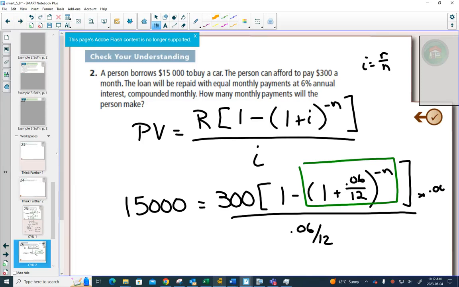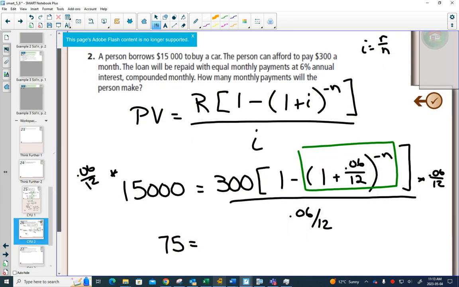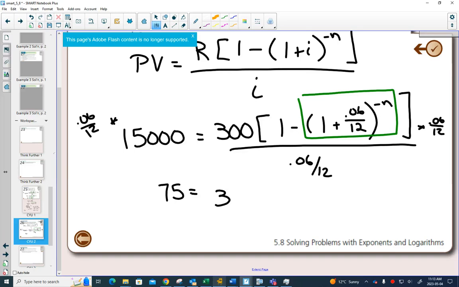I'm going to get rid of this dividing by multiplying both sides by 0.06 divided by 12. You get 75 equals 300, square bracket, 1 minus 6 by 12.